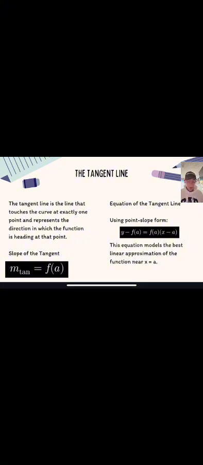So the slope of the tangent m equals f prime of a.